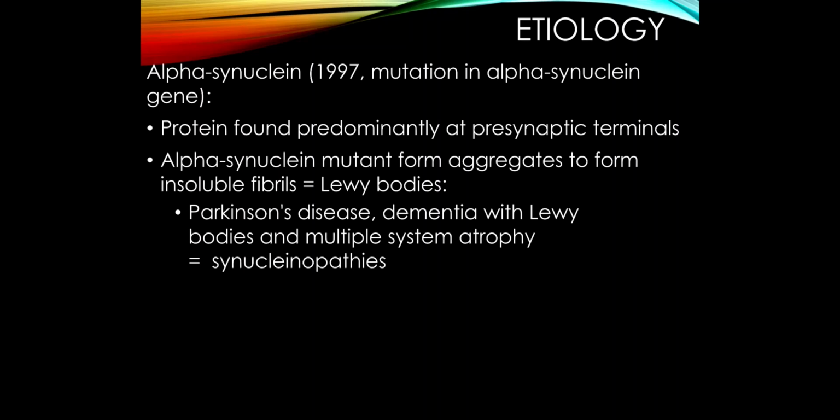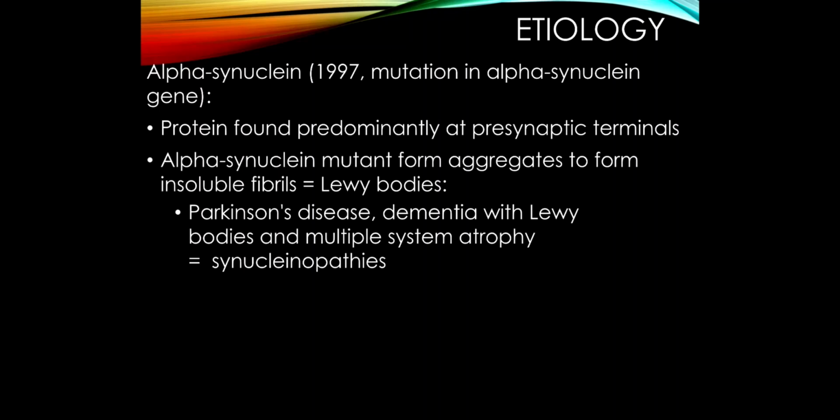And so Parkinson's disease is classified as a synucleinopathy, okay, because we have abnormal alpha-synuclein. And so this protein is normally present at presynaptic terminals. And so if we have a mutation in the alpha-synuclein gene, and there are many different mutations, you get these aggregates, and these are the Lewy bodies.